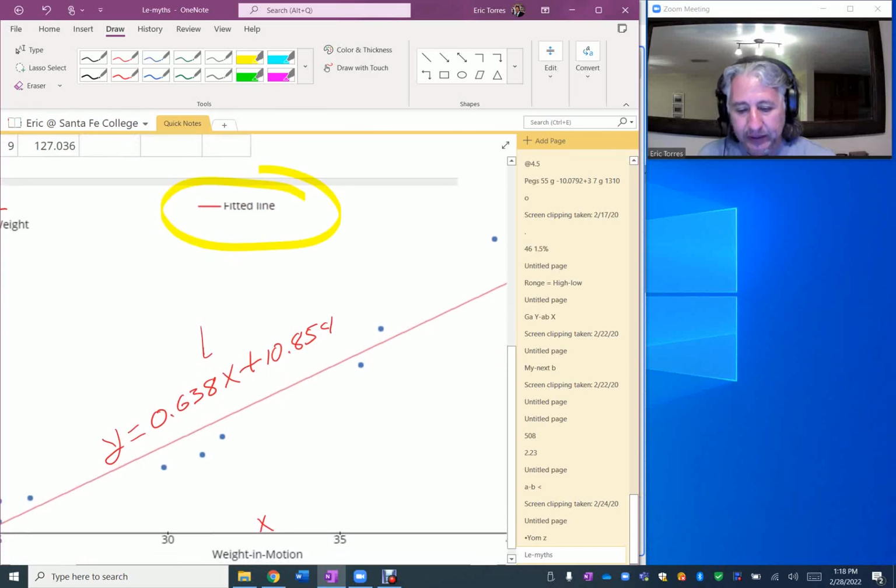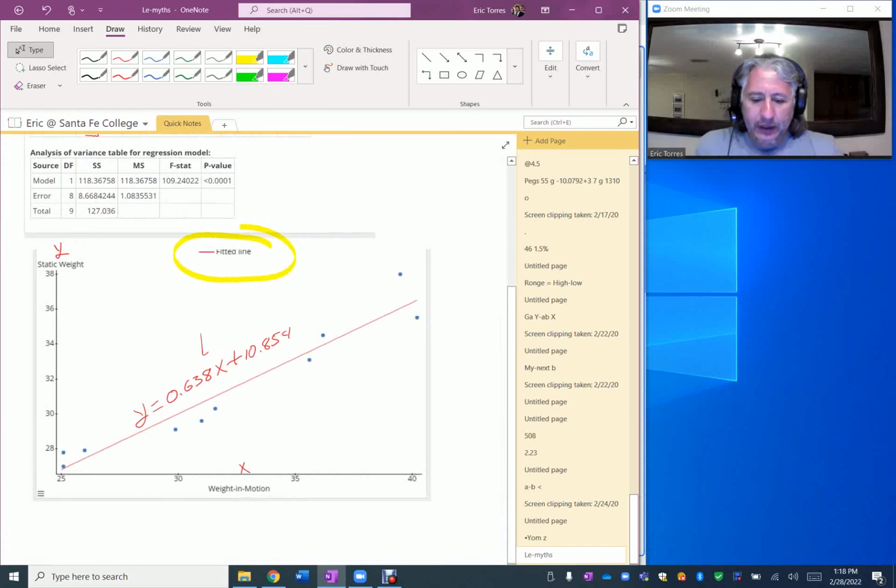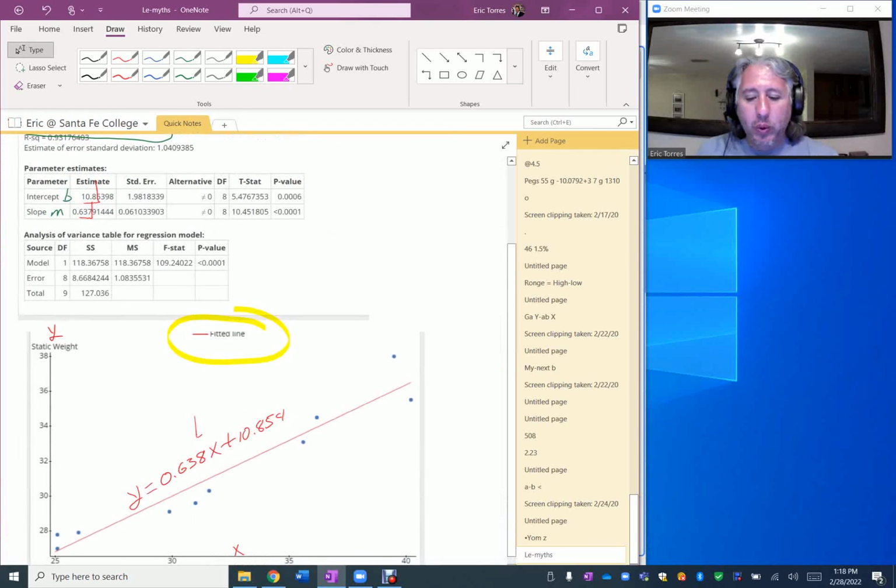So there's rounded to the 10,000s place. Okay, so really the big thing here is to be able to interpret the information that the computer is generating for you. And again, the computer figured out where to place this line of best fit by minimizing the residuals squared when added together.